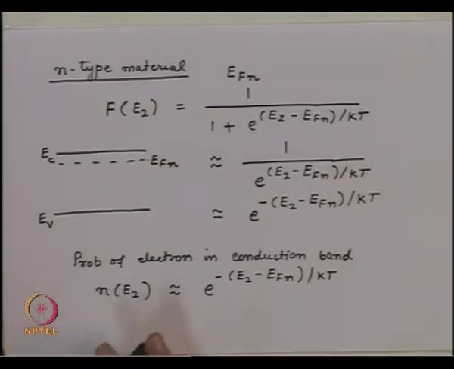While doing this, if you recall, we had assumed that the variation of the density of energy states is constant in the conduction and valence band, and that is with the understanding that this function is a very slowly varying function of energy. So, over a small range of energies where electrons and holes are primarily confined near the edges of the bands, the function can be assumed more or less constant.